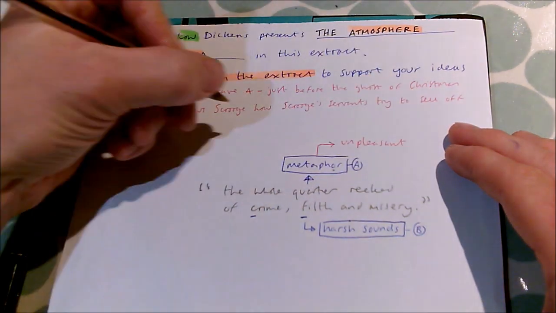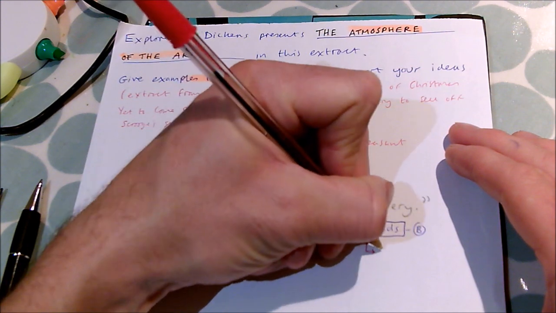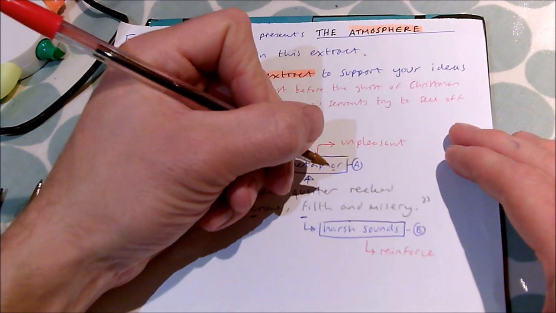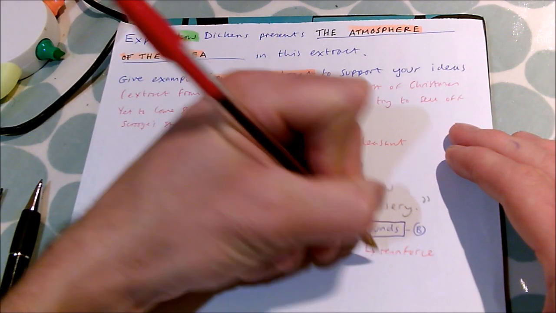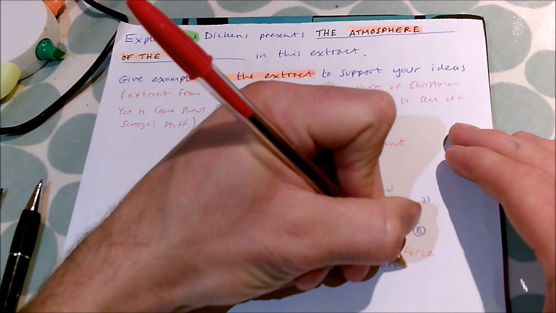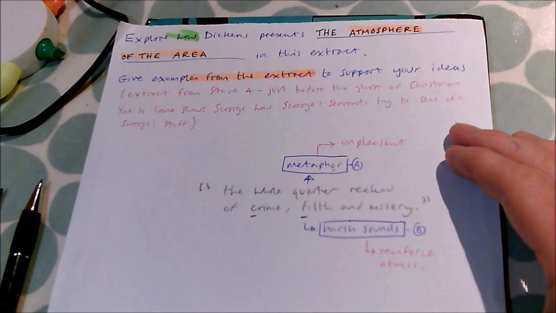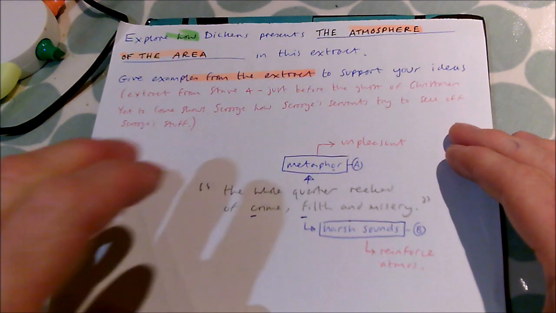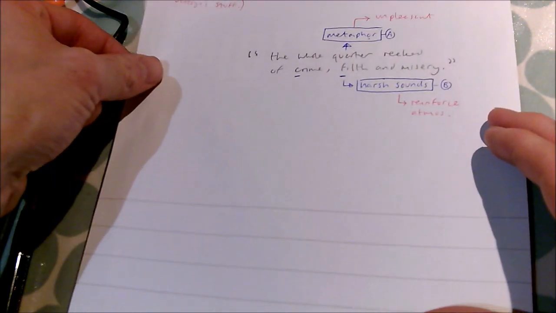The atmosphere is very much unpleasant here, and these harsh sounds are reinforcing or reaffirming or compounding that sense of an unpleasant atmosphere or aura. Obviously I won't write atmos in the exam. Do you know what? That'll do for the plan. I think we're ready to start turning this into exam paragraph gold.